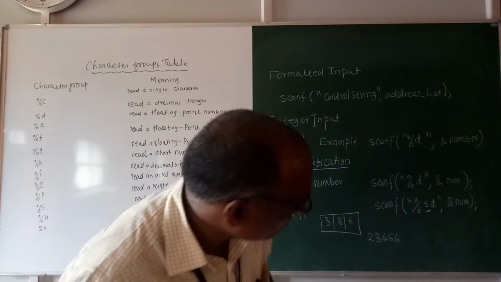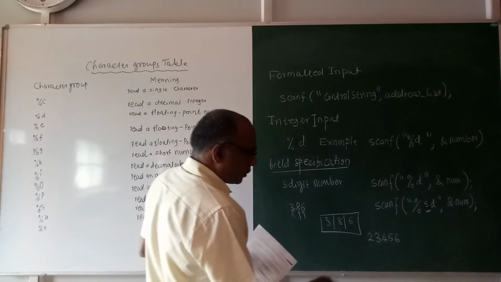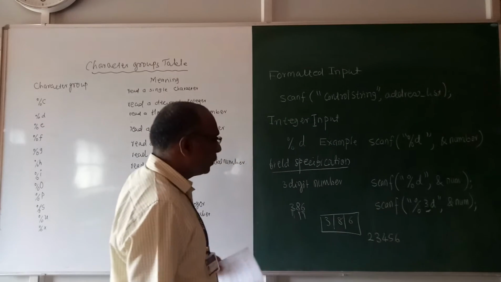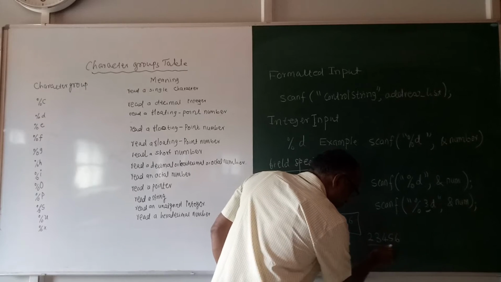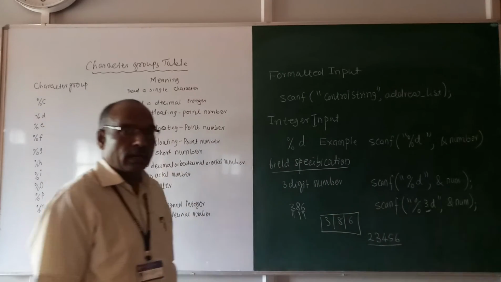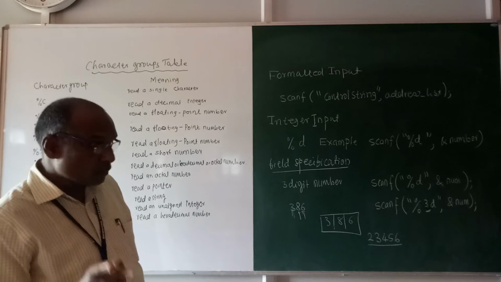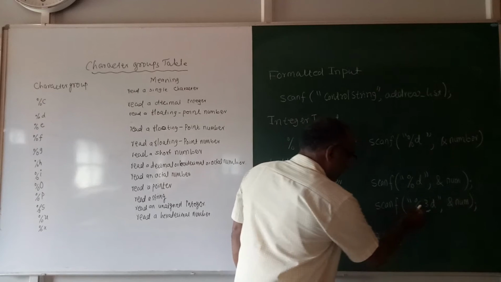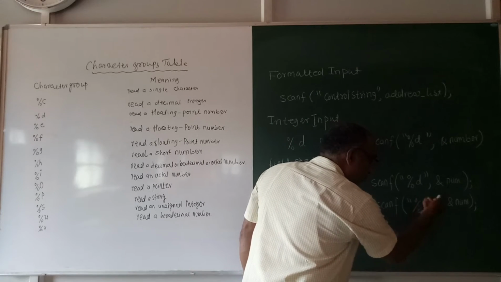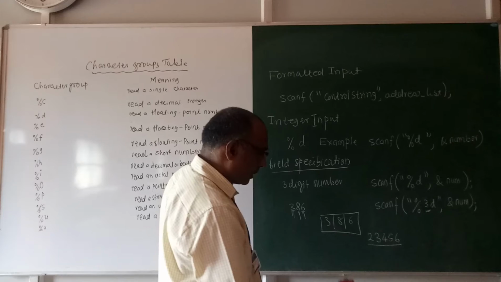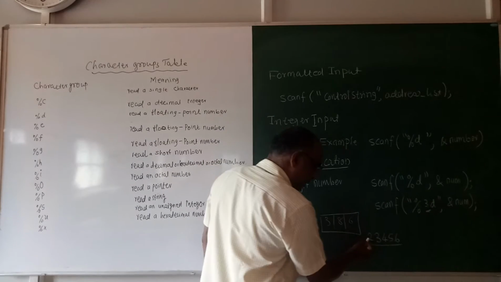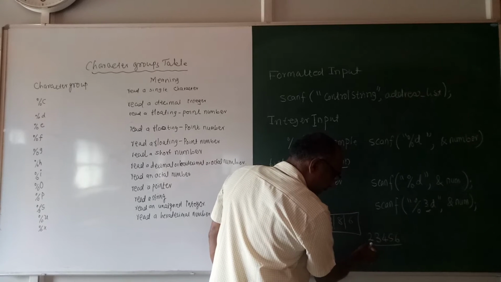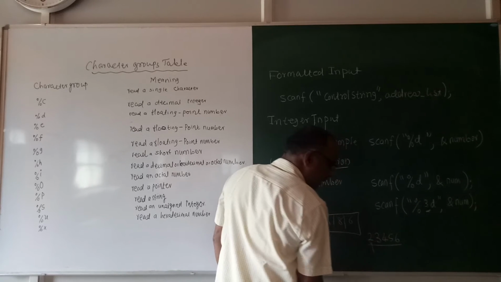Now, sometimes what happens, we specify this, say 3d, and we give the input, a 5-digit number. When you have specified a field specification for a decimal number to be inputted through a standard device called the keyboard, here you have written 3 and you are inputting a number which contains 5 digits.